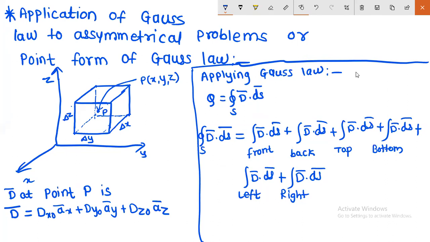So first we'll see the first integral and we'll integrate that one first.